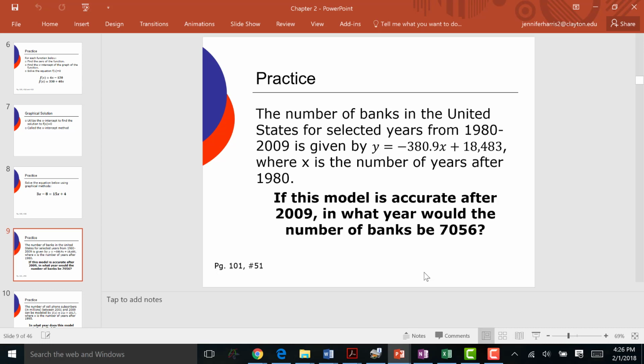In order to do that, you have to plug in what they gave you: Y equals 7,056. Plug in 7,056 for Y in the equation.